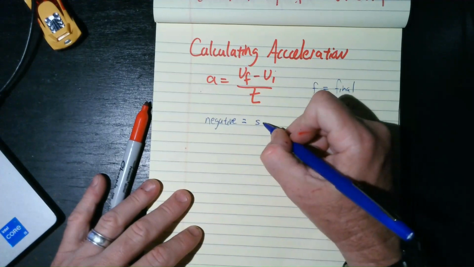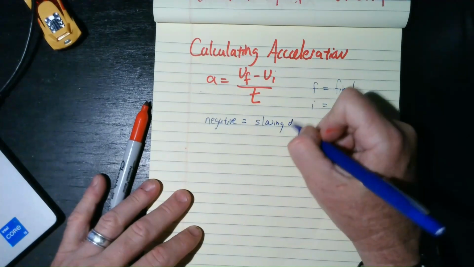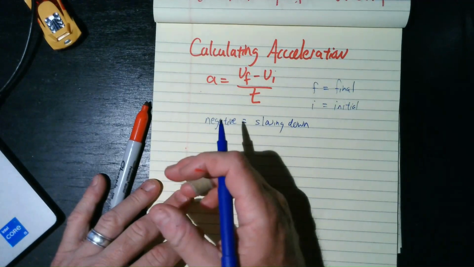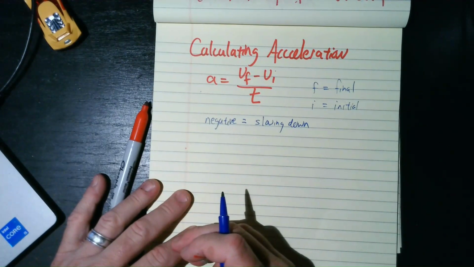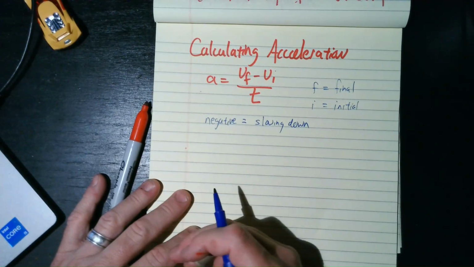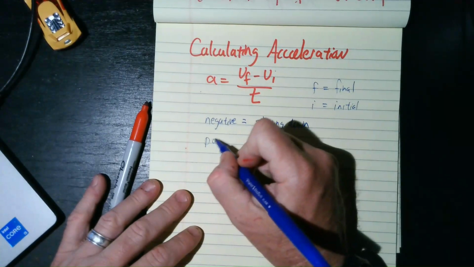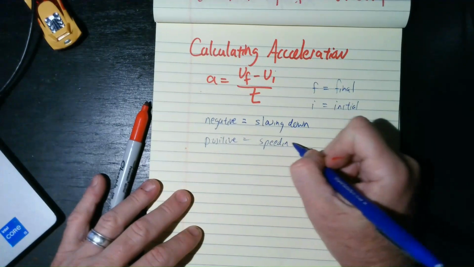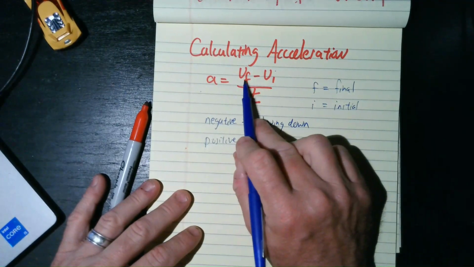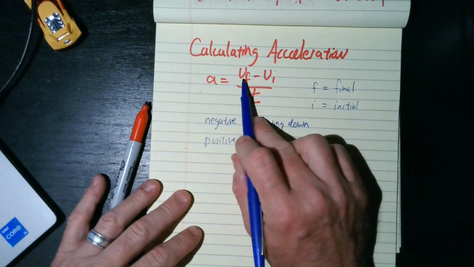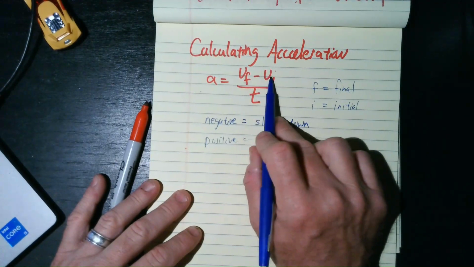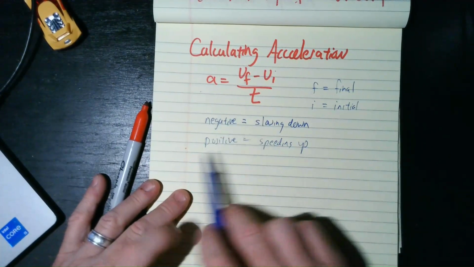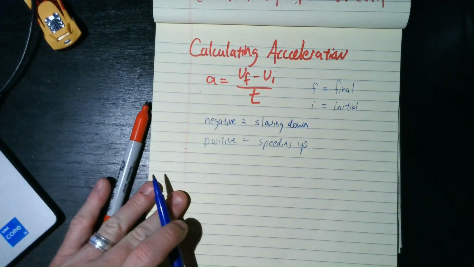We commonly would say that as slowing down, because in the end, you're slower than when you started, so you have had a negative acceleration, you're slowing down. A positive acceleration, we would commonly say as speeding up, because this number is now bigger than this number. So you're going faster at the end than you did at the start to make this a positive quantity. So a positive acceleration means that you are speeding up.